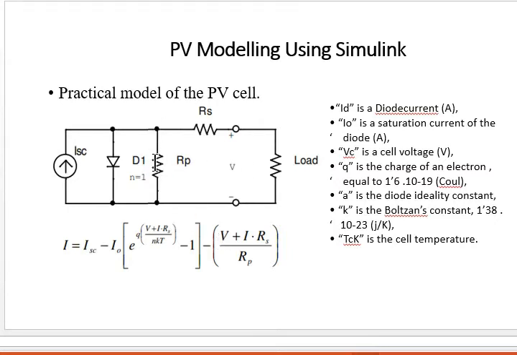So the voltage across this is this V, the open circuit voltage, plus the current flowing in this direction, I times RS. Adding these gives the voltage across the shunt resistance. If we divide that voltage by RP, this resistance, we get the current flowing through it. So if from the total current generated ideally we subtract this ID, the diode current, and this shunt current, then the remaining current is the current provided to the load.